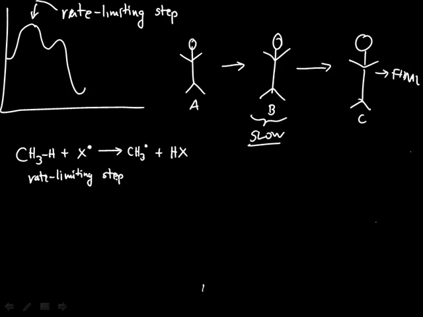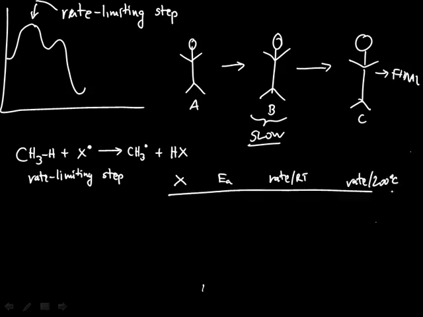And the rate of this step actually changes quite a bit depending on what X is, which halogen you are using. So I'm going to draw a little table here which depicts the energy of activation as well as the corresponding relative rates depending on the halogen. So this is in kilocalories per mole, 1.2, 4.0, 18.0, and 34.0.